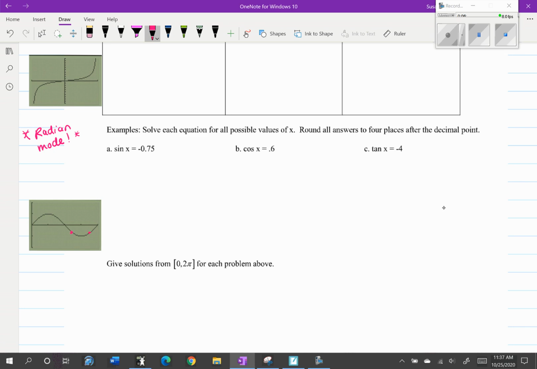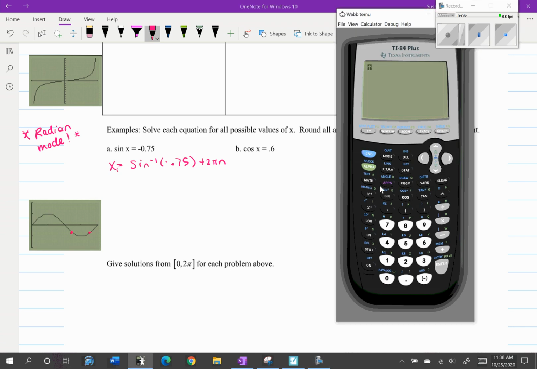So how do we find our solutions if we're using just the inverse key in our calculator? So to get x by itself, we use the inverse. So our first solution would be x sub 1 is equal to the sine inverse of -0.75, of course, plus all our coterminal answers, 2 pi n. So then all we have to do is plug this into our calculator.